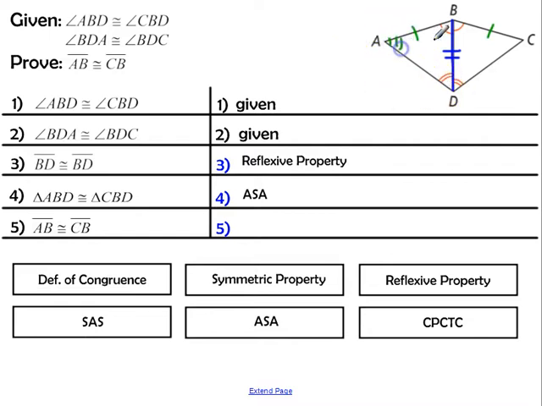So angle A is congruent to angle C. Those are the last sets of angles. And then side AD is congruent to side DC. So in saying that segment AB is congruent to CB, that's using CPCTC.